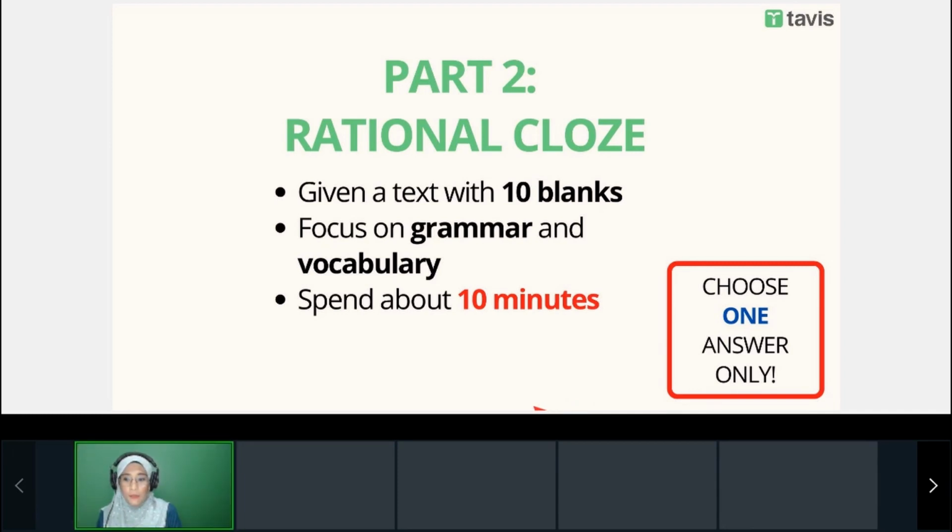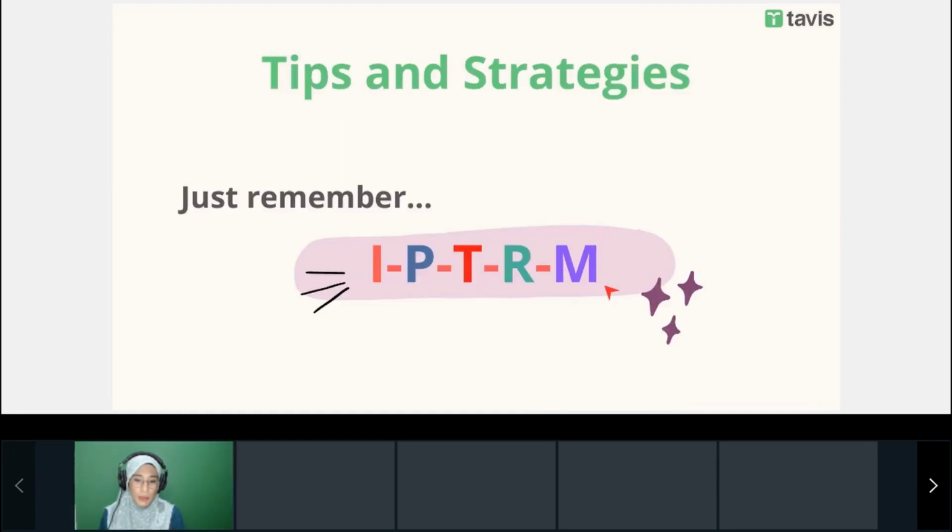Okay, so I'm going to introduce you to the tips and strategies. I particularly like acronyms. So I have for you IPT-RM. You may remember RM from BTS.